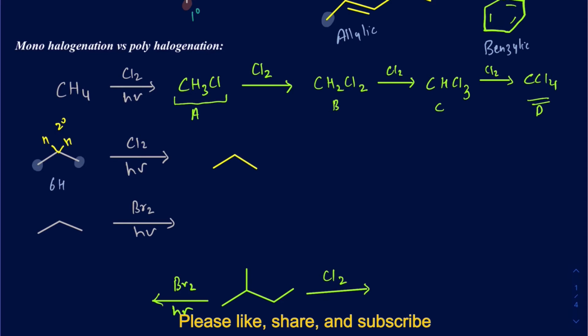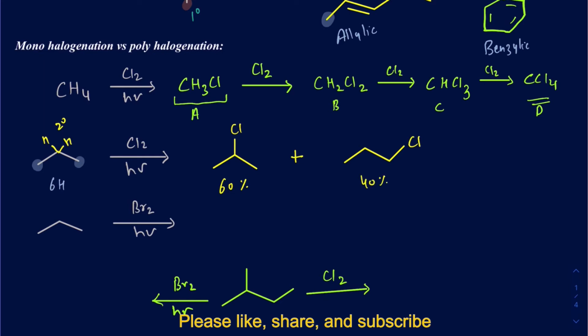So we will end up getting two products: the chlorine on the secondary carbon, and the chlorine here. As far as their percentages go, I'm going to be getting about 60% of this secondary isopropyl chloride, and this propyl chloride is going to be about 40%.